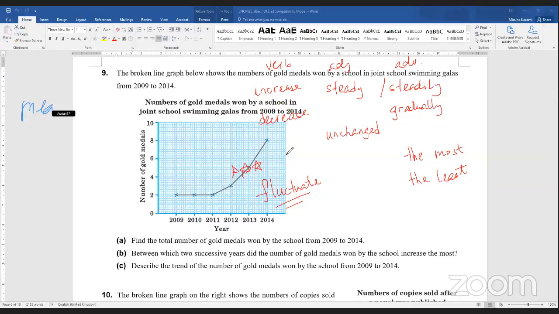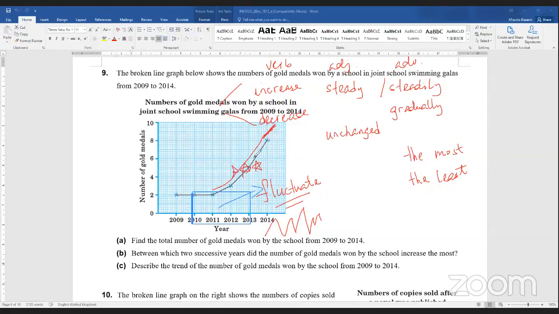Fluctuate. Okay. Right. You should know the meaning of increase, decrease, right? Fluctuate means I don't know the trend. In this case, the trend here is going up. Therefore, if I look at this part, I may think that it will continue to go up like that.